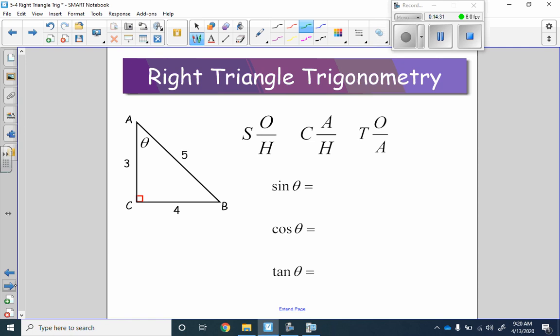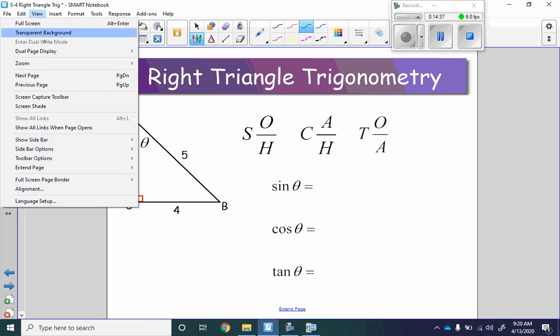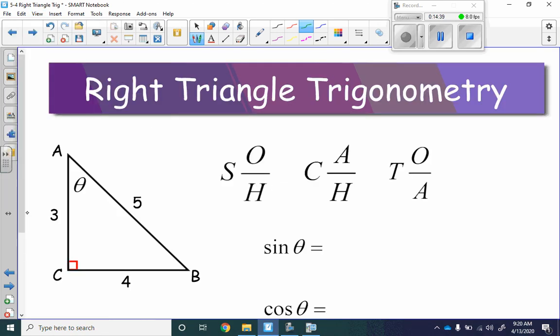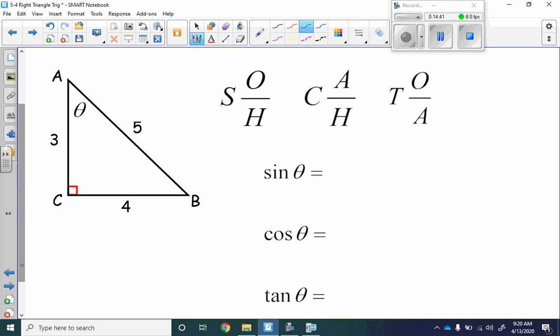Remember your sine, cosine, and tangent. Here I have a 3, 4, 5 right triangle. I think I can go back into my normal display now. Just creating ratios: the sine of theta, here's where theta is. Opposite of that would be 4, hypotenuse would be 5, so we get 4/5.